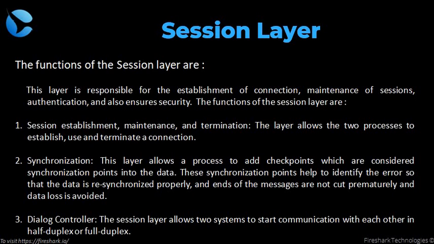Pages previous to 101 need not be resent. I hope synchronization is clear to you all. The third function is dialog control. This allows two systems to start communicating with each other, in half duplex or full duplex.